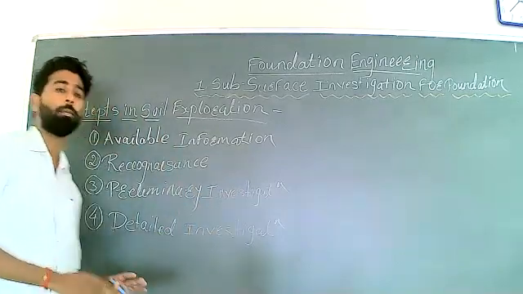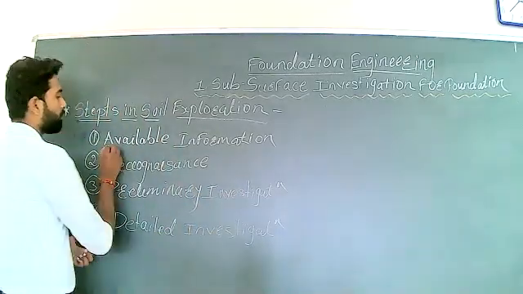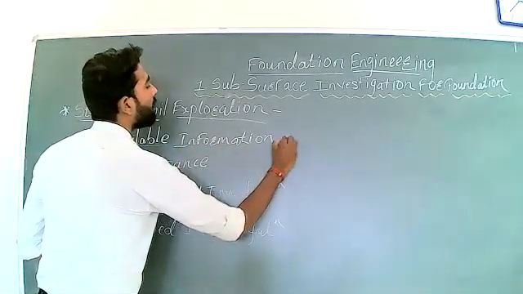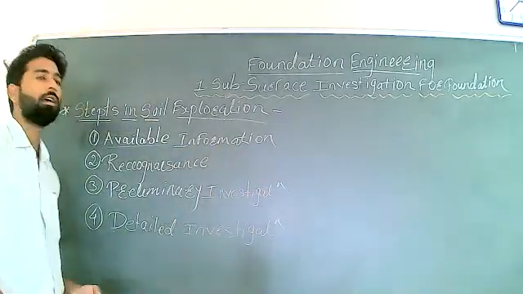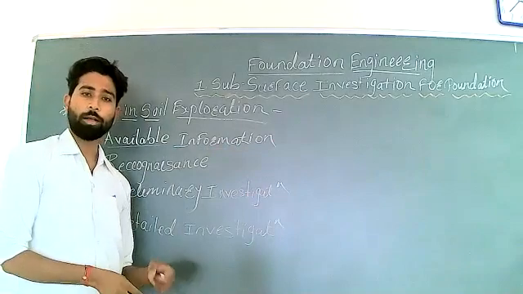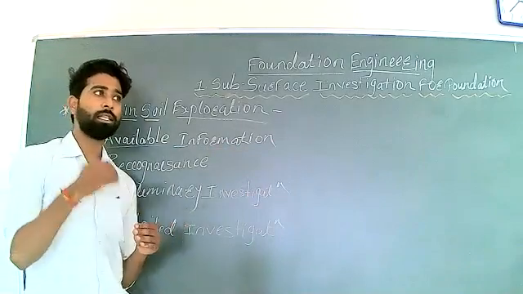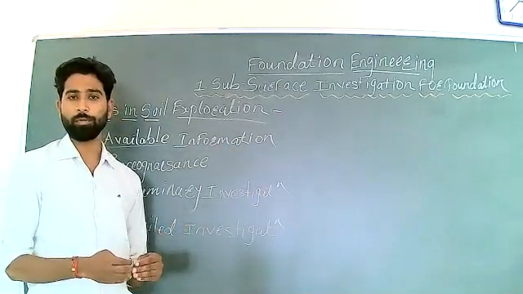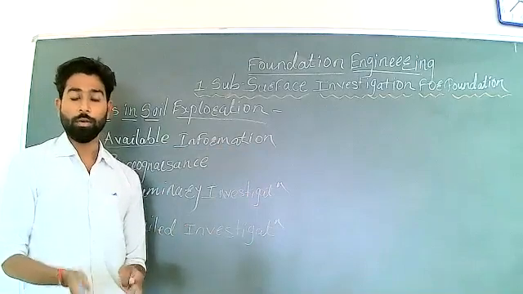So the first one is the available information. We have to go backward and see whatever data is available for a particular ground surface.